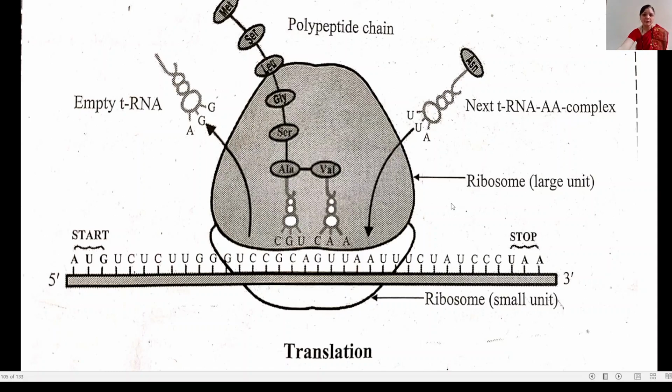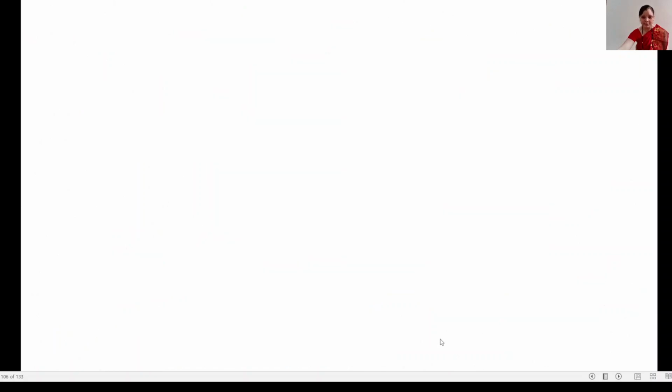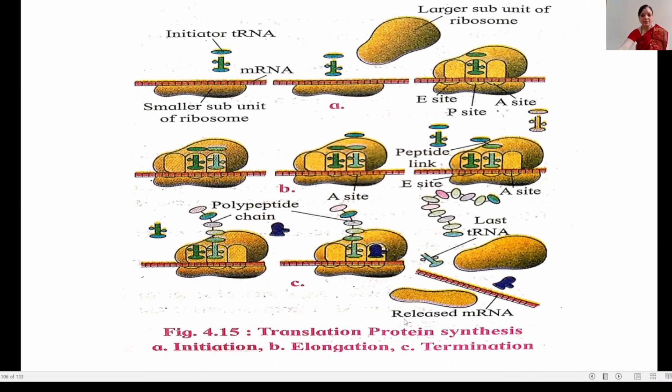In this way, at the 5' end, the translation process starts. Then the polypeptide chain formation takes place, and at the 3' end the termination process takes place. Now see here again the diagram of the mechanism of translation.